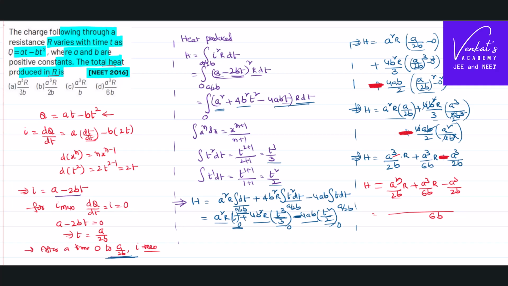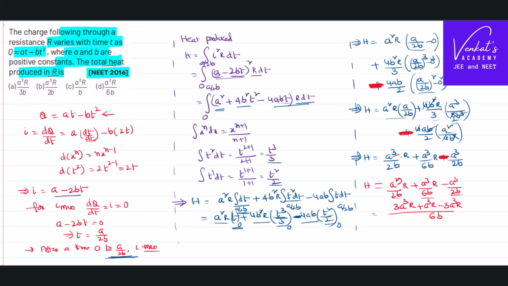As it is 2B, I have to multiply with 3, giving 3A cube R. As it is 6B, I write it as it is, A cube R. As it is 2B, again I multiply with 3, giving 3A cube R.